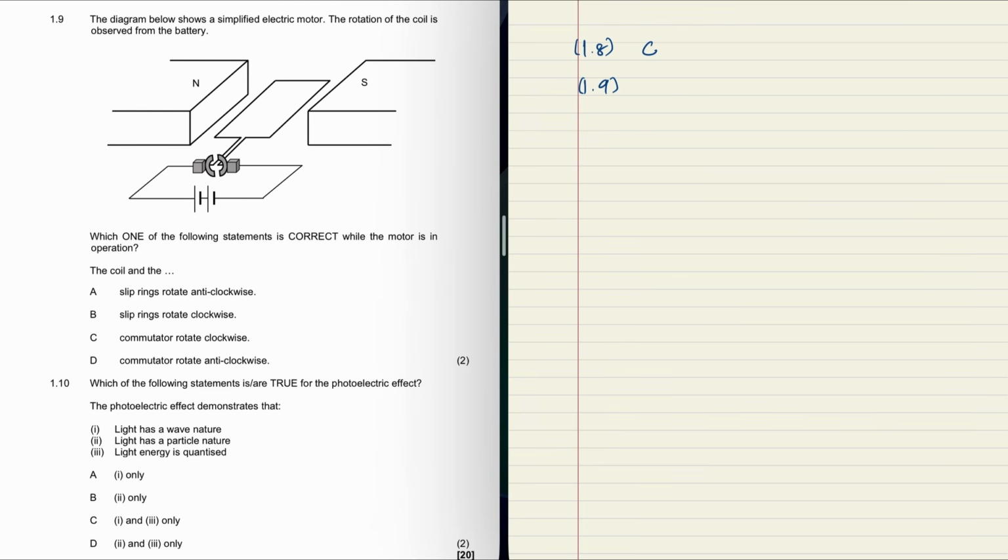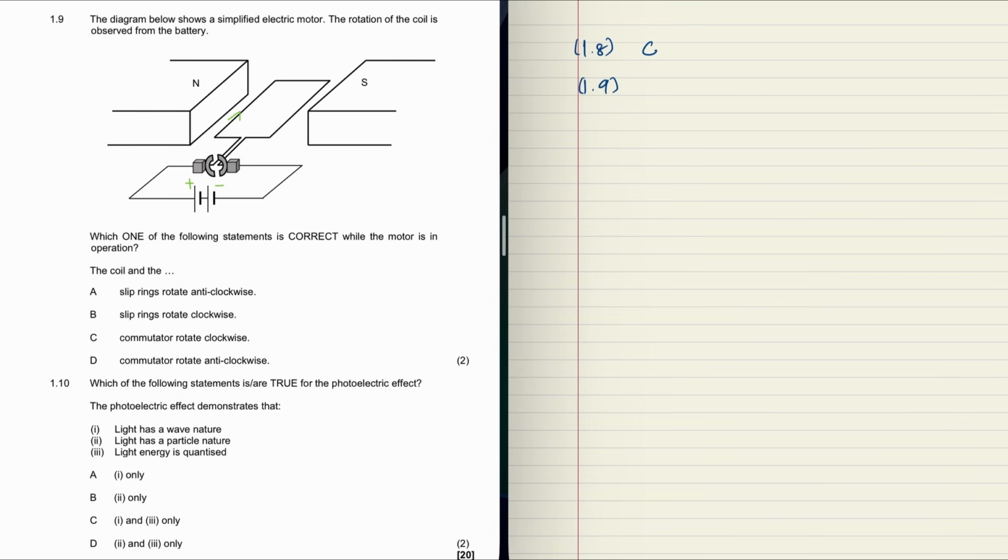Now we need to use our left hand because this is a motor. So if we are using our left hand, our index finger is pointing to the right, remember, pointing from north to south. The current is actually going to point away from us, because remember, current flows from the positive terminal to the negative terminal, and that means that the force is pointing down.